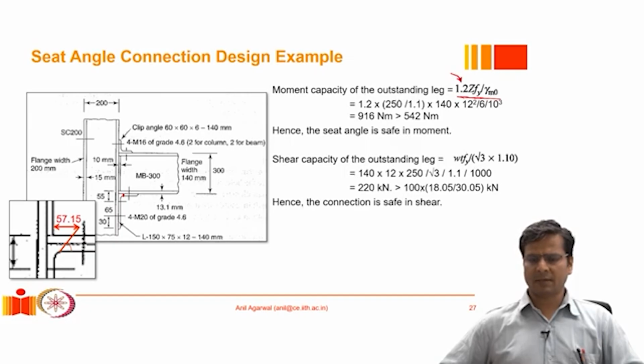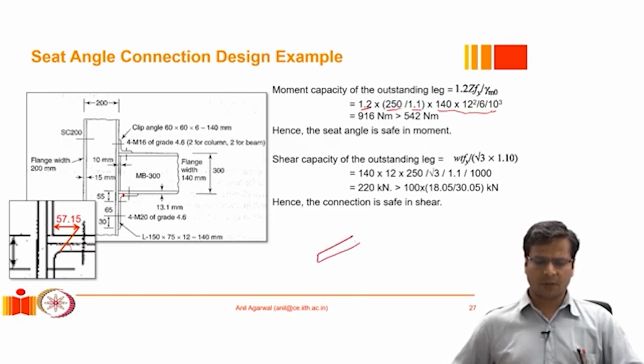Basically, we are saying that even though we are taking the elastic section modulus Z, when we multiply with 1.2, that means we are willing to accept the plasticization, and we are actually accounting for the plasticization of the section, right? So we will take 1.2 times the Z value, multiplied by Fy divided by gamma m0.